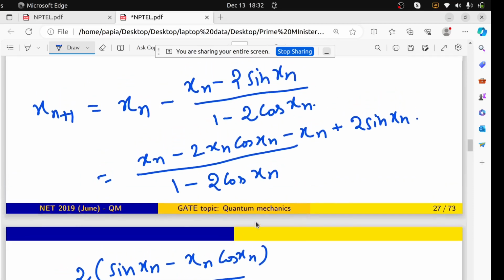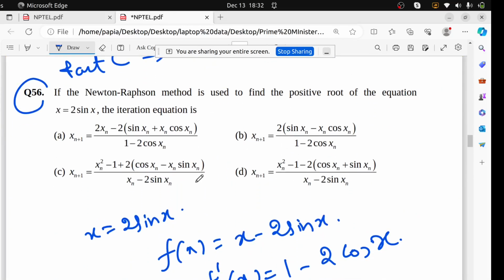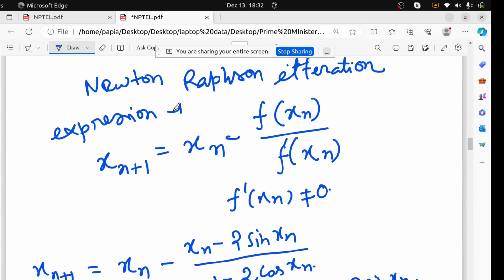Okay, so this will be x n plus 1. Now we have to match that one. This one is the correct one. So B option will be the correct one. This is simple. We just have to put the expression of the Newton-Raphson iteration, and then if we put x n, we can get the answer. Okay, I hope you understood.